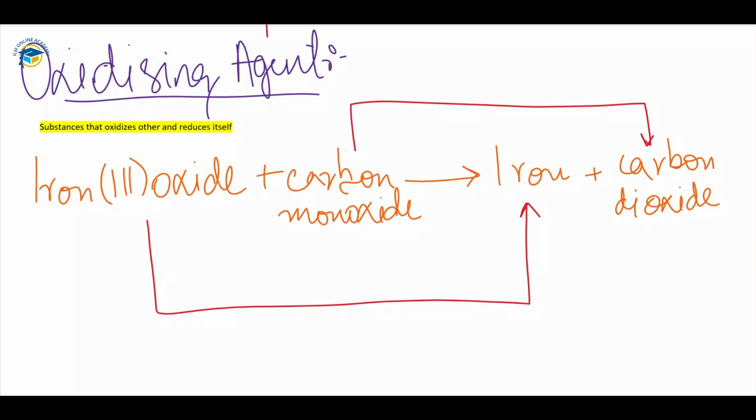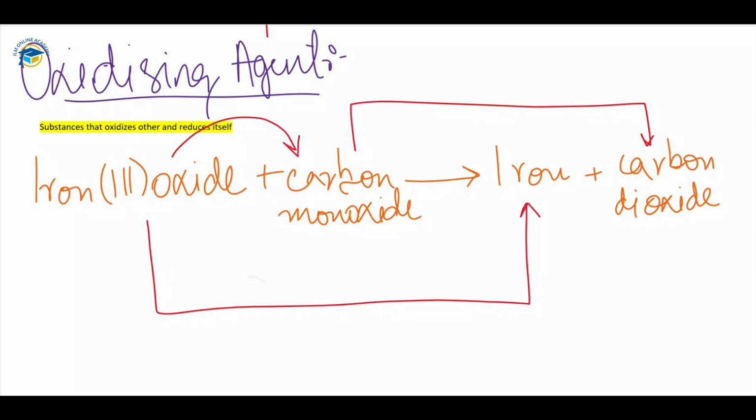Here iron oxide is the oxidizing agent, because oxidizing agents are those that oxidize others and reduce themselves. Oxygen from iron oxide is getting into the carbon monoxide.